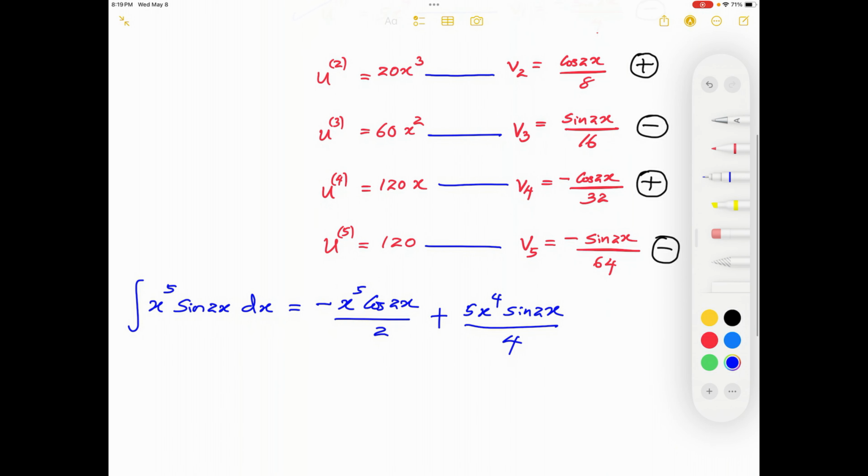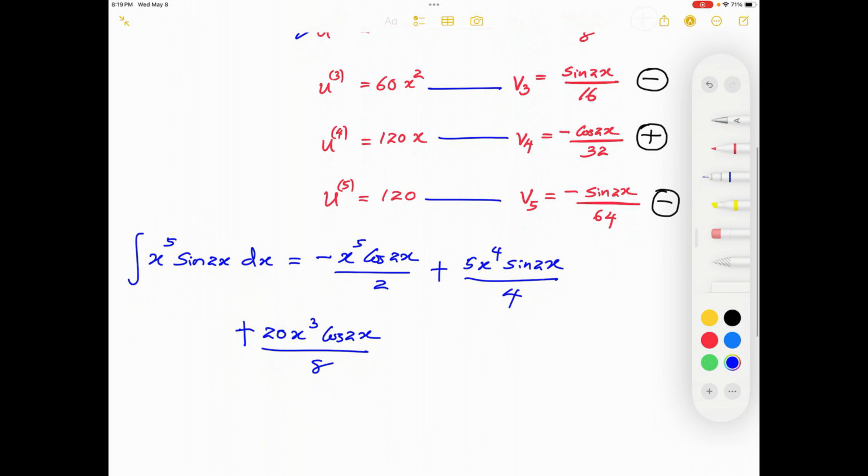Now we need to pay attention to the third line. We need to multiply 20x cubed times cosine 2x over 8. They both are positive, and I need to distribute a positive symbol. Therefore, that third term will be written with a plus sign: 20x cubed times cosine 2x all divided by 8.